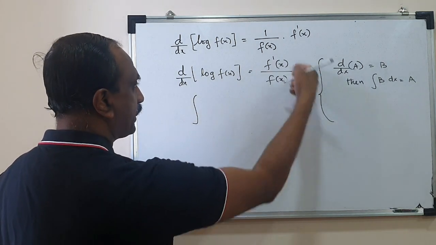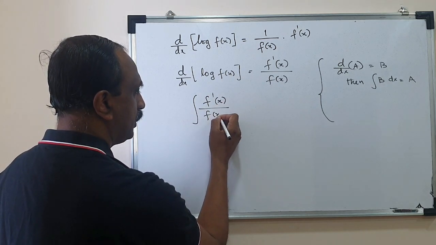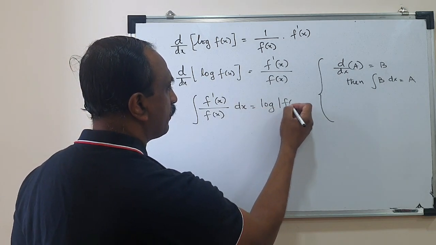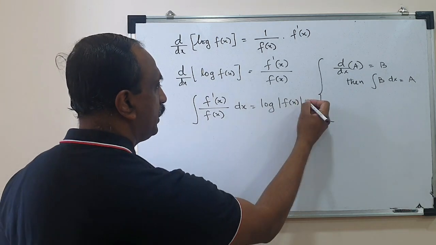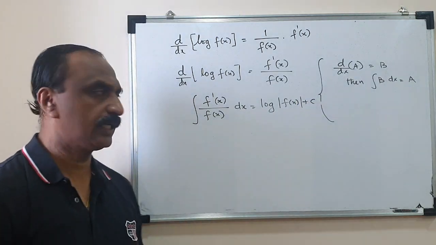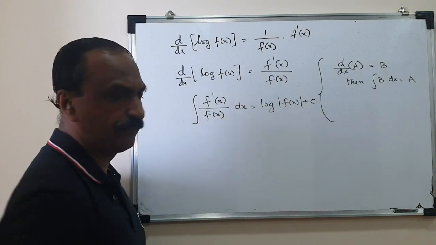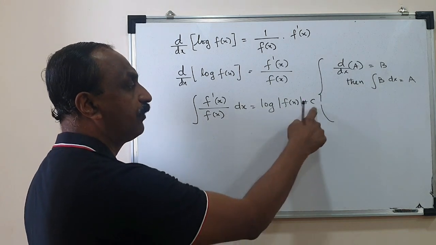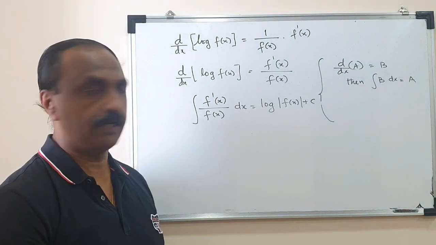Integral of the right hand side, f dash x upon f of x dx, is log of modulus f of x. Why modulus? Because log is defined only for positive numbers. So because the derivative of log f of x is f dash x upon f of x, I can say integral of f dash x upon f of x dx is log of modulus f of x plus c. I put modulus because log of only positive numbers is defined.